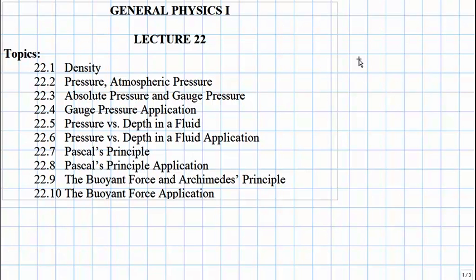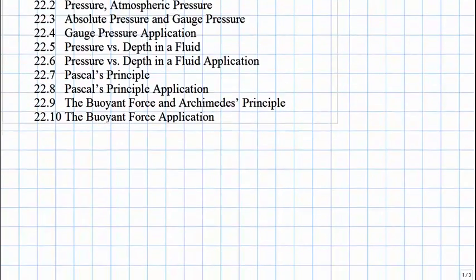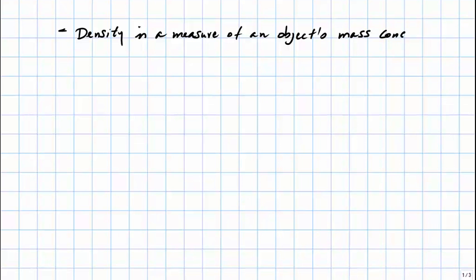Let's begin by introducing the definition of density. Density is a measure of an object's mass concentration with respect to volume.